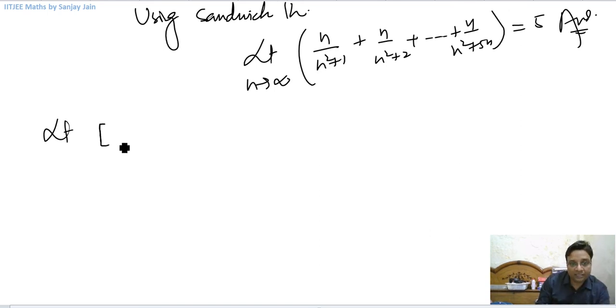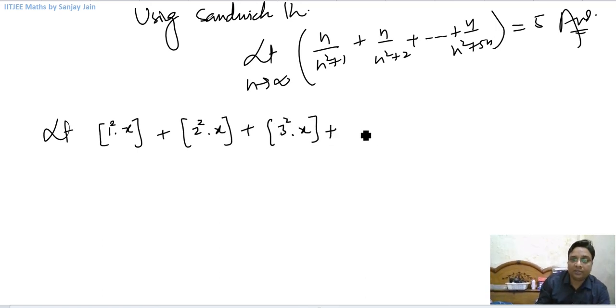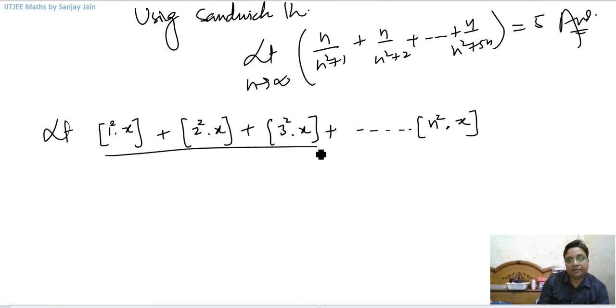The function is the greatest integer function of 1 square into x plus 2 square into x plus 3 square into x plus up to n square into x, divided by n cubed, and n tends to infinity. So this is the limit we are supposed to calculate.